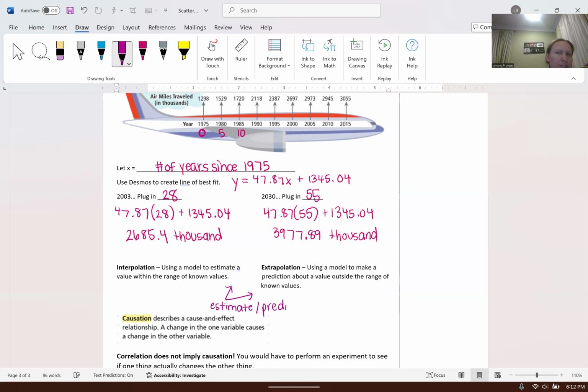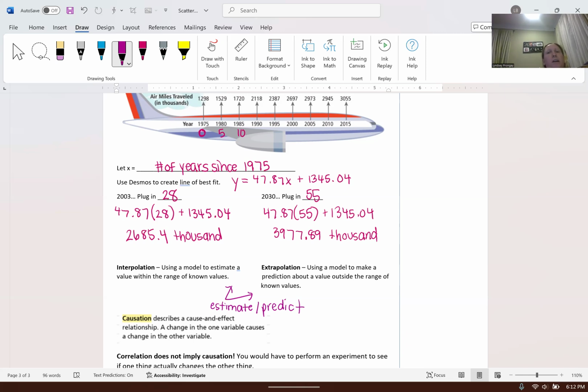The only difference is the date range of what's going on here. So interpolation is using a model to estimate a value within the range of known values. Okay. So we were looking at 1975 to 2015. When they were asking us to look at 2003, that was between the data we already have. So that guess was interpolation.